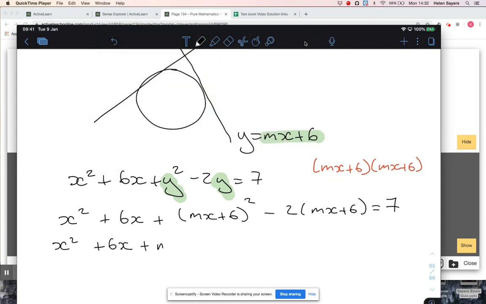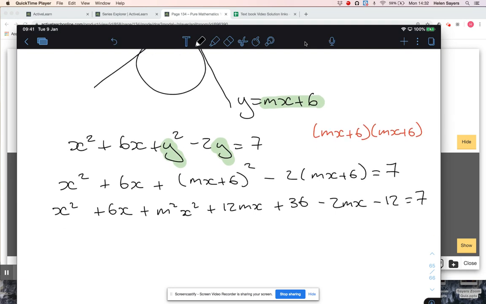That gives me m squared x squared, then 6mx twice, so that will be 12mx, and 6 times 6. Oh, sorry, I've missed out the minus 2 next set of brackets. So then I've got minus 2mx and minus 2 times 6, and that will equal 7.